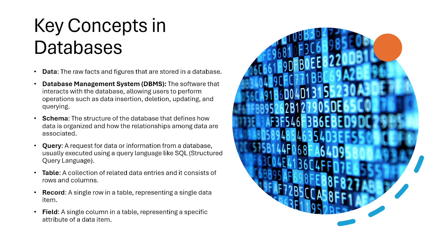So that's data. The next one is the DBMS, which are the different database management systems. The software that interacts with the database, allowing users to perform operations such as data insertion, deletion, updating, and query. So examples of RDBMS are MySQL, Postgres, Oracle, and SQL Server.